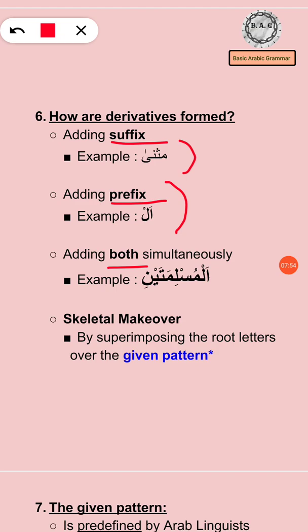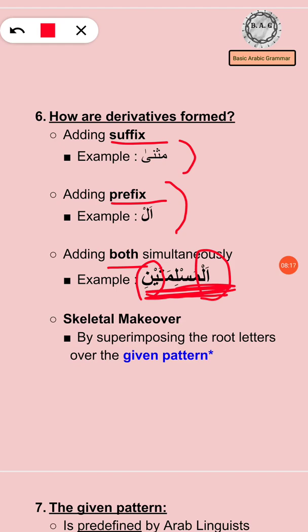And adding both simultaneously, we did this already. For example, al-muslimatayni. So al is our prefix, and tayni is our suffix for musanna, feminine, nasab or jar form. So this means the two submitting feminines or females.